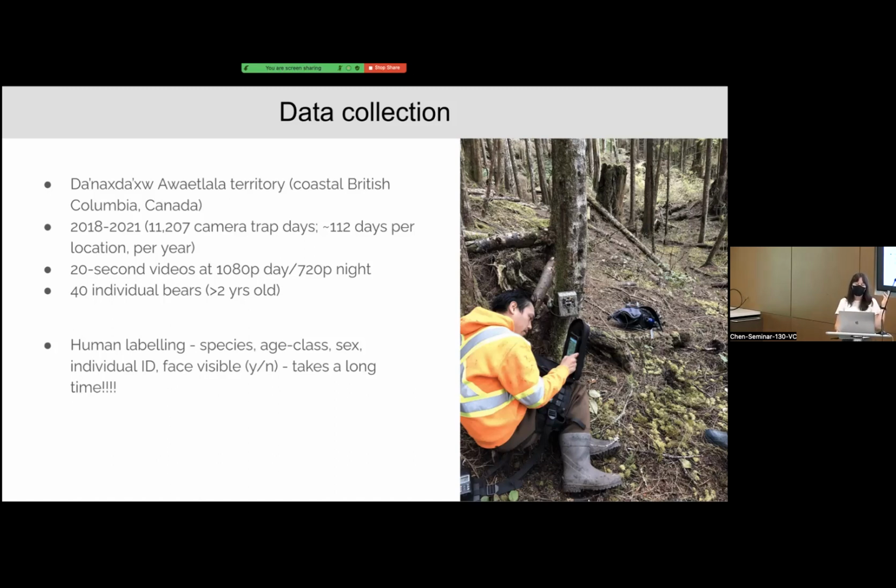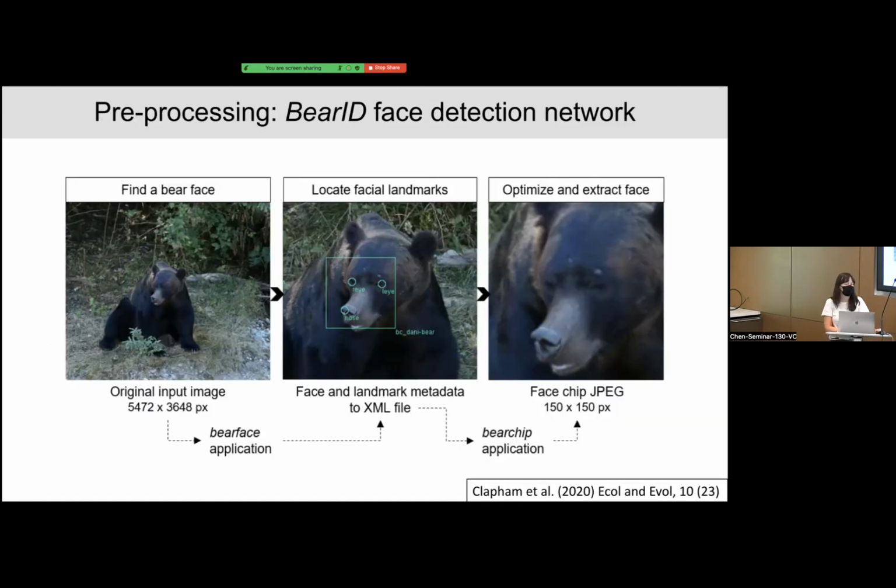But obviously going down to individual ID takes so long to do manually. A grizzly bear is pretty instantly recognizable, but individuals take a lot of comparison, which adds to the time it takes to label. So hopefully this automated system can help with that too.